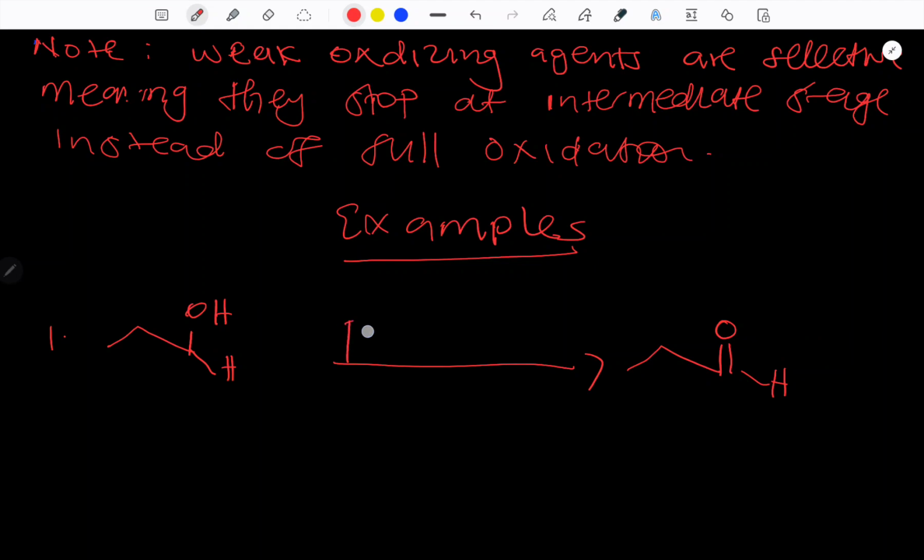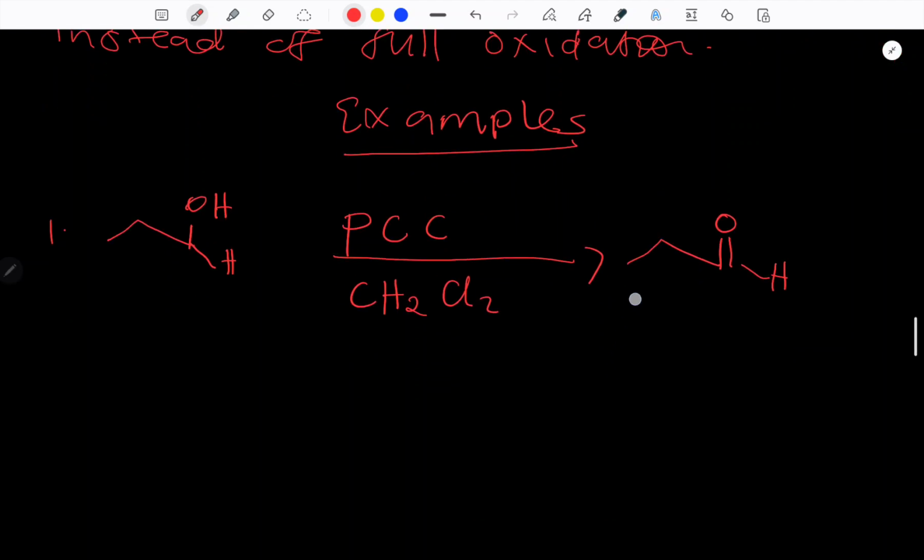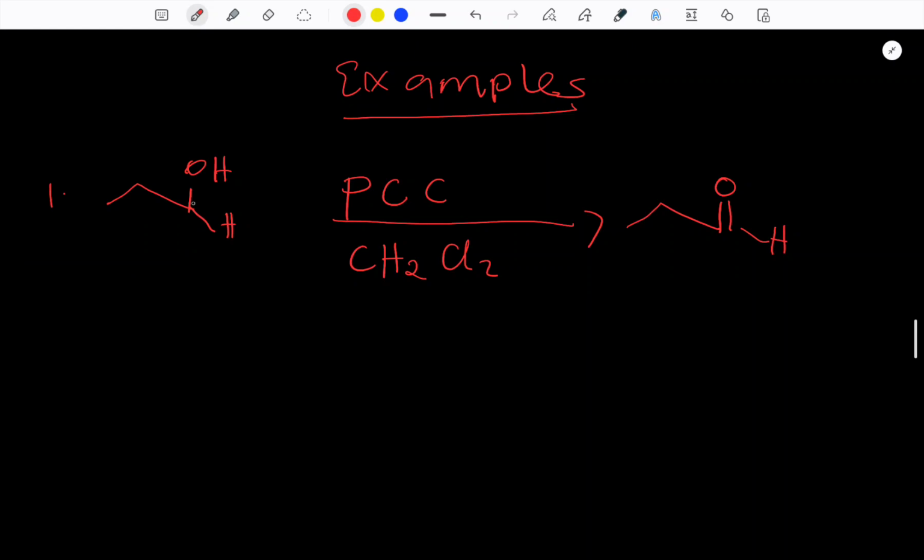So here your answer is PCC in dichloromethane. Simple, straightforward, because you are converting a primary alcohol to an aldehyde, not to a carboxylic acid. If this was a carboxylic acid, we would have used a strong oxidizing agent.